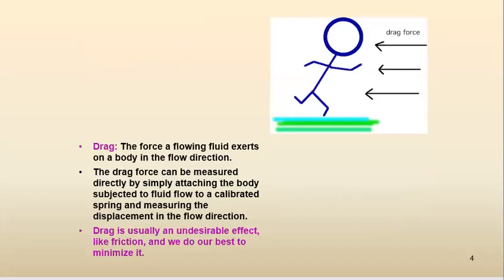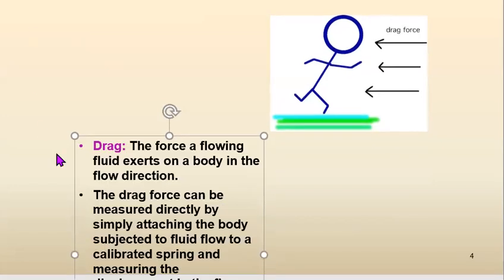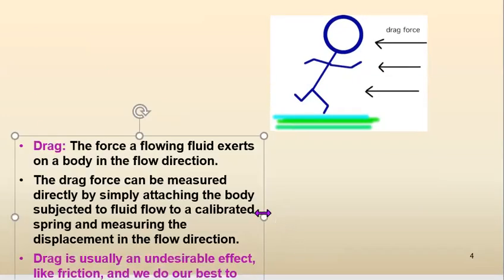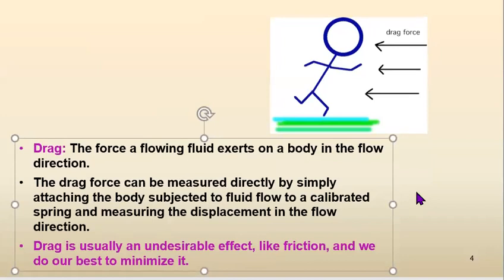One of those forces is drag force. We want to start with the drag and then we go to the lift force. Drag force is the reason why in the real world, if we drop a feather and a rock from the same height, they would never reach the ground at the same time, even though the gravitational force acting on them is exactly the same.